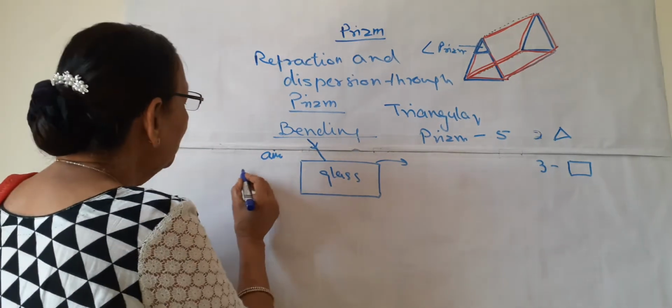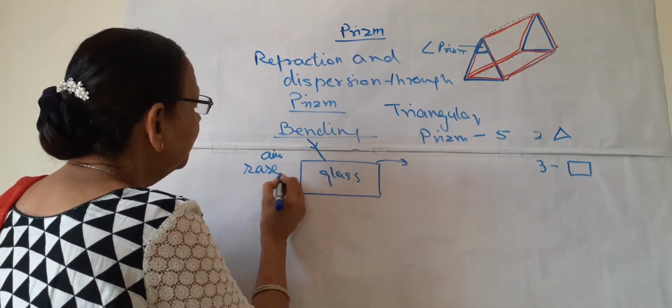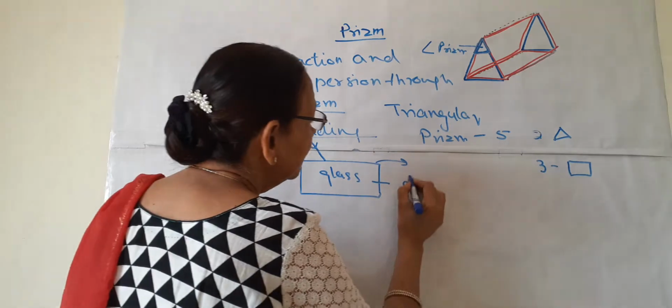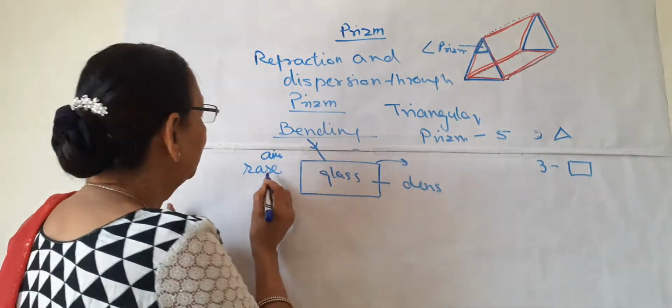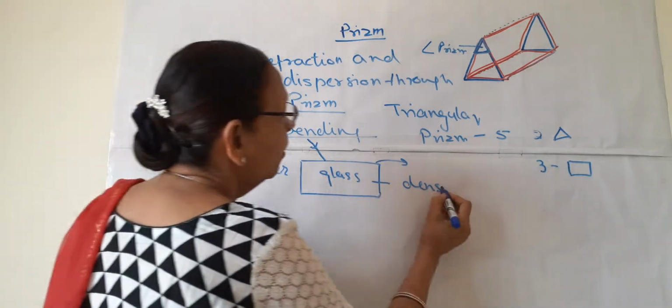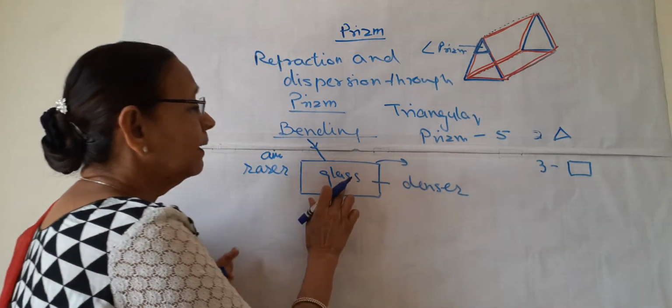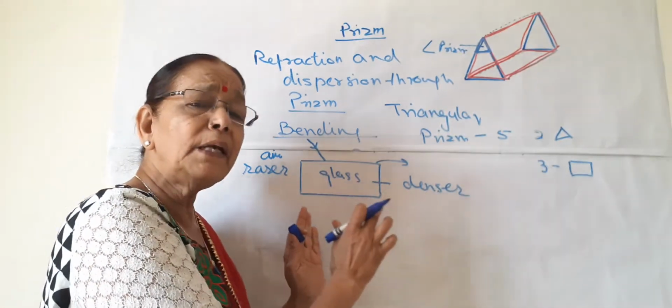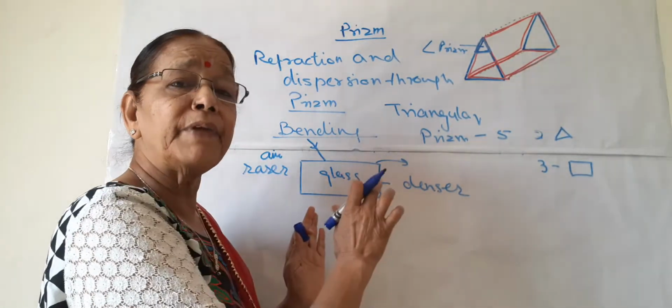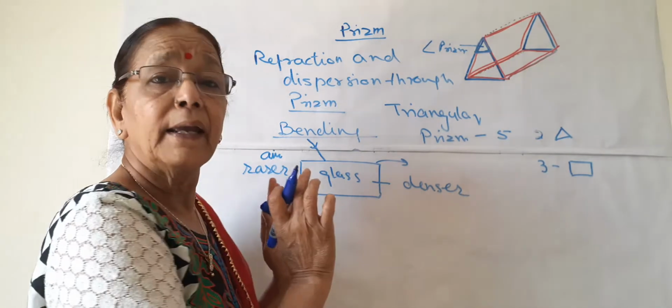We call air the rarer medium and glass the denser medium. Glass is denser than air. It has more optical density and a higher refractive index than air.